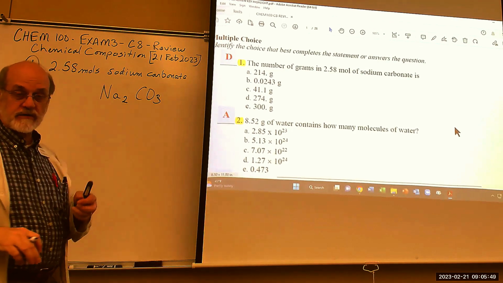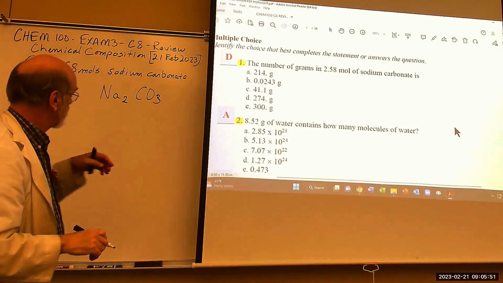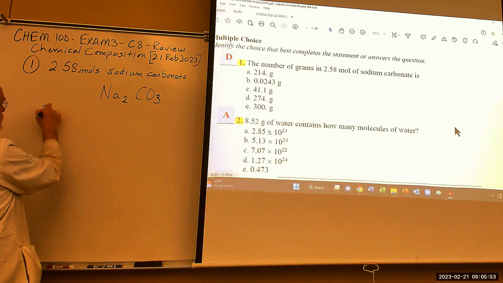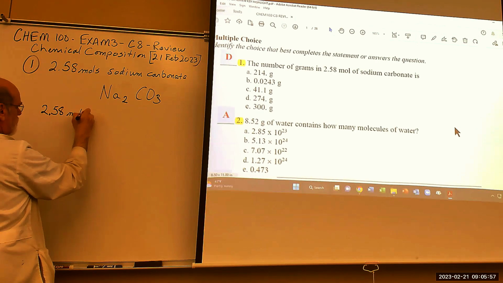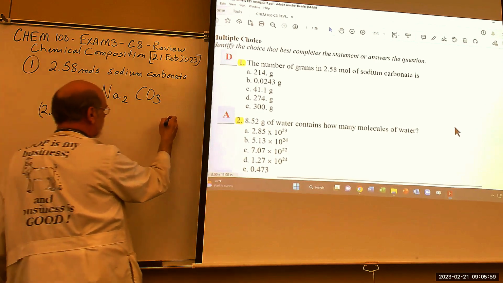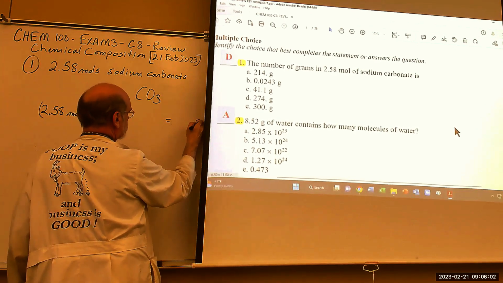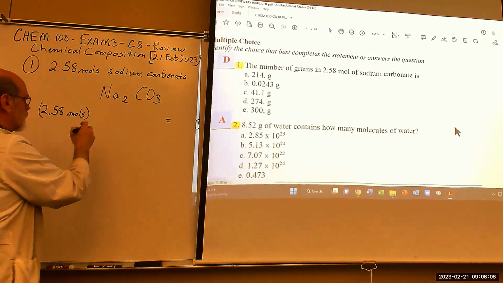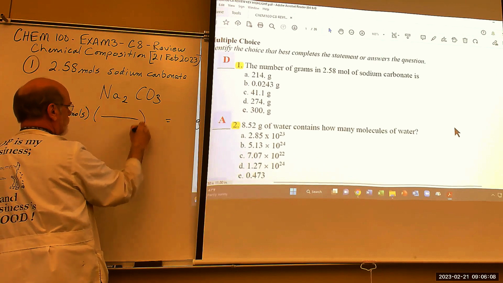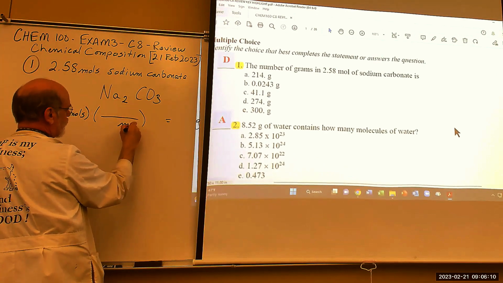Now what do we need to do to determine the grams? Well, if we're starting off with this many moles, and we want to end up with so many grams, you need a conversion factor that will cancel moles.